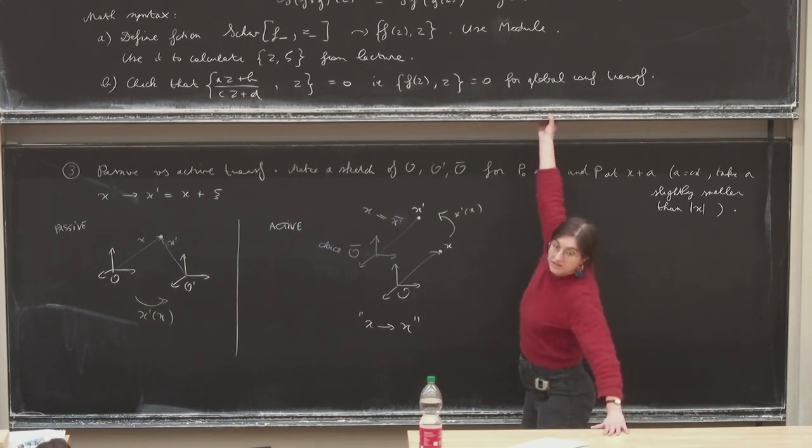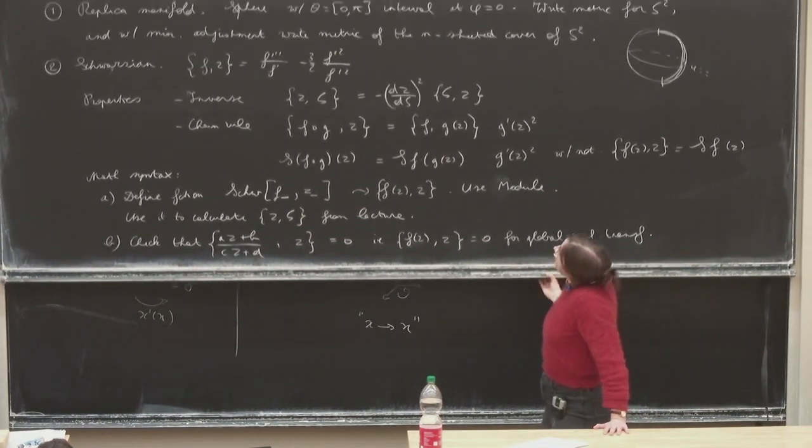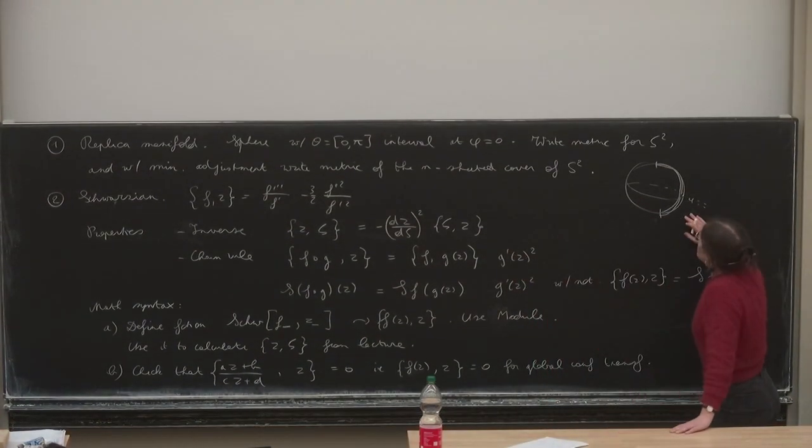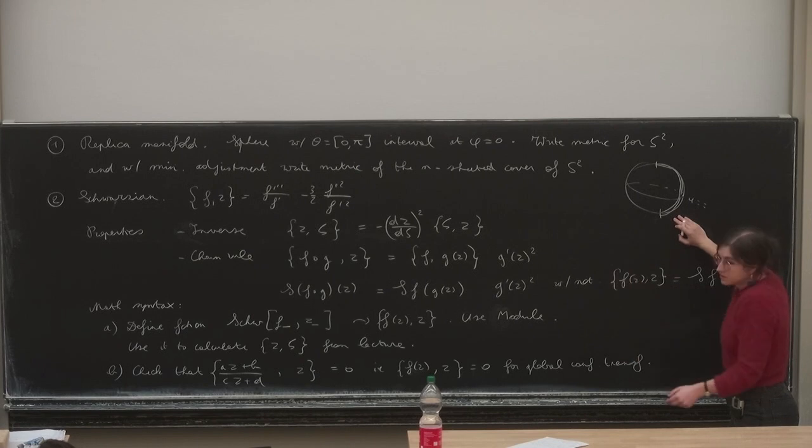The first exercise? So the exercise is to consider the sphere, as I drew here, in spherical coordinates, so r, theta, phi. Well, basically theta, phi. Your r is constant.